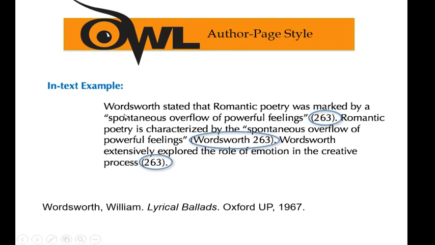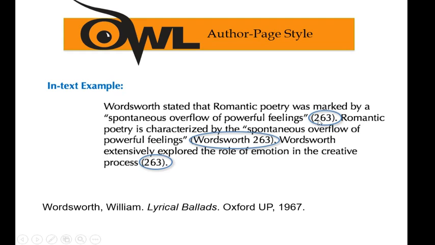In-text example: Wordsworth, which is the author, stated that romantic poetry was marked by a spontaneous overflow of powerful feelings. You can see here that after the author's last name, we don't have the year of publication. You see? But at the end of your quotation, you have the page number, in which page this quotation appears.